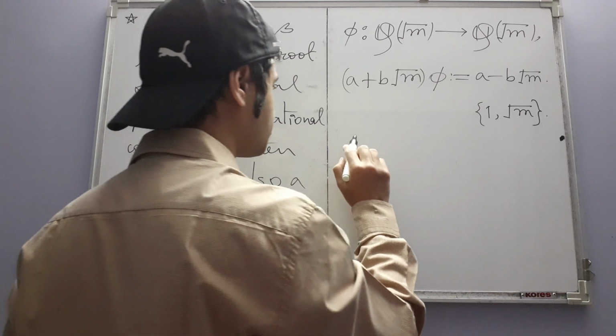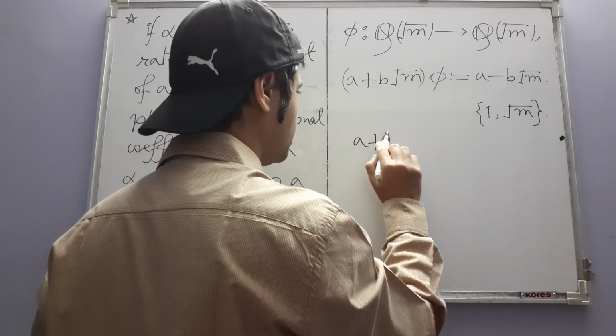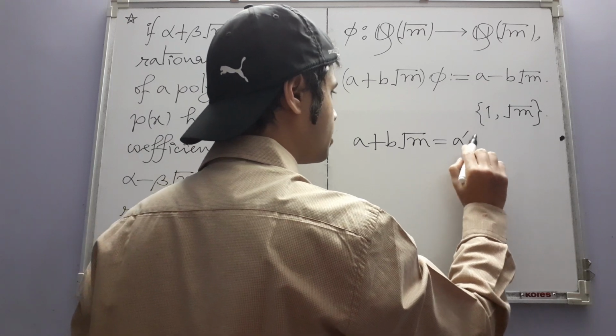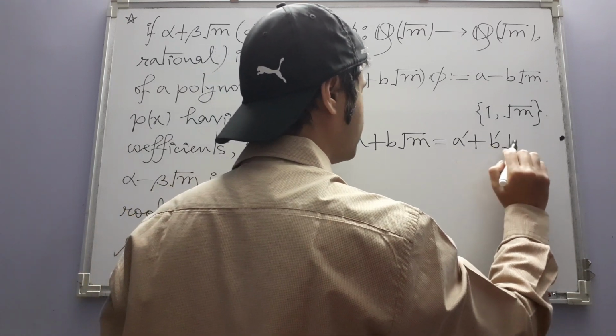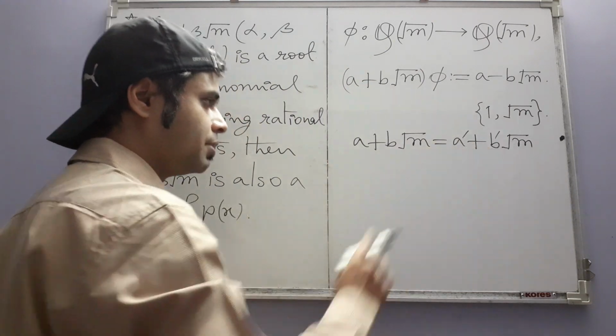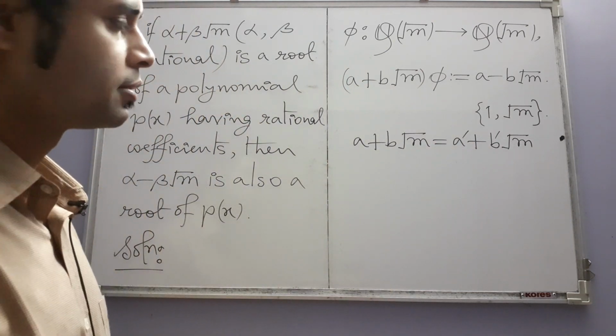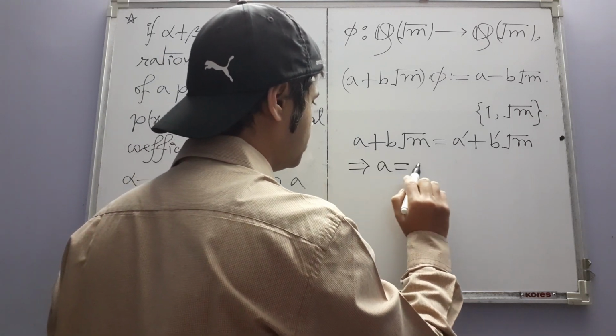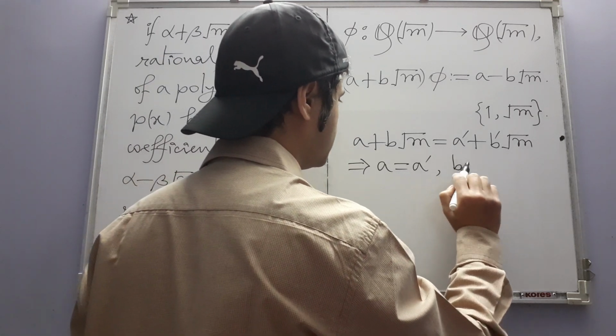In other words, if a plus b root m is equal to a prime plus b prime root m, where a, b, a prime, b prime are rational numbers, then a is equal to a prime and b is equal to b prime.